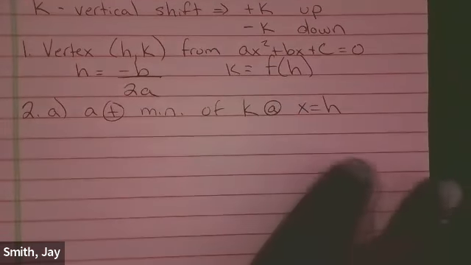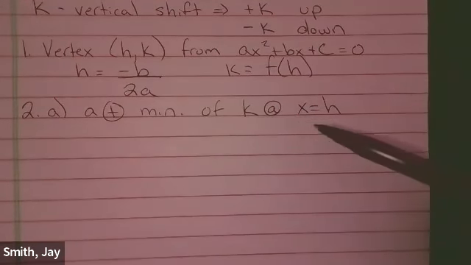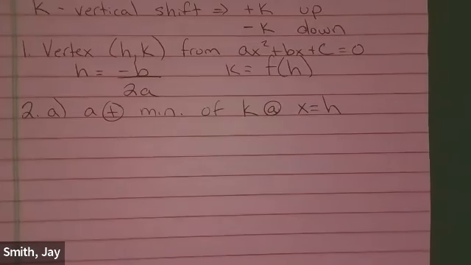So whether we have a maximum or a minimum, our vertex is going to represent it. If our A is positive, that means it opens up, or we have a parabola that's shaped like a U, and we have a lowest point, our minimum. If our A is negative, that means the parabola opens down. We have a highest point, our maximum.